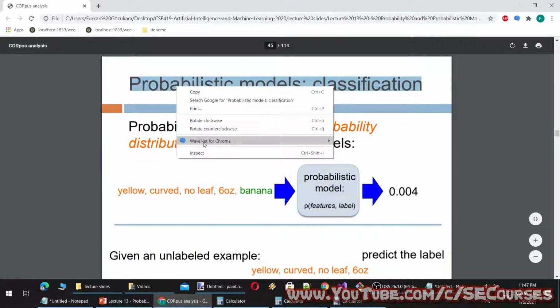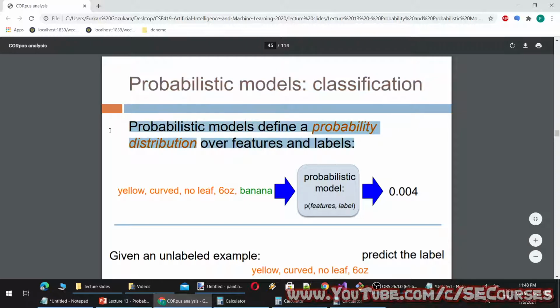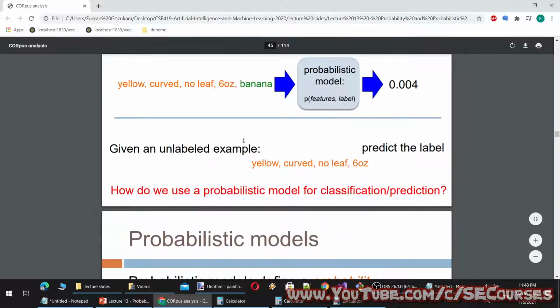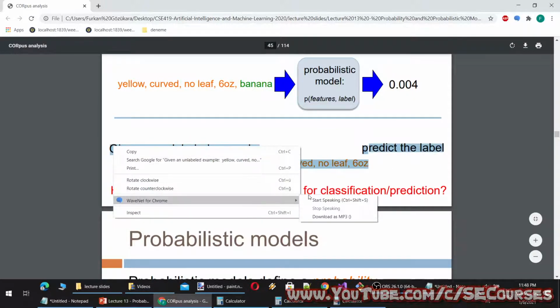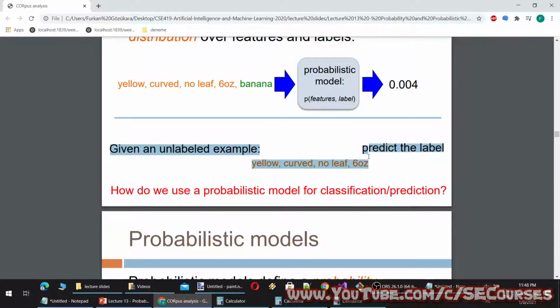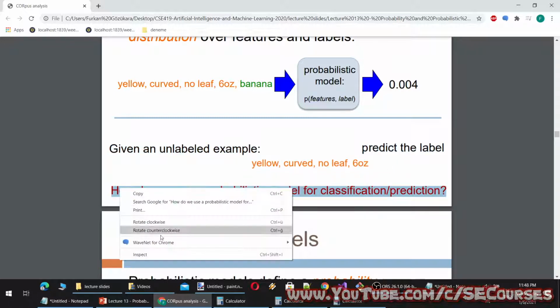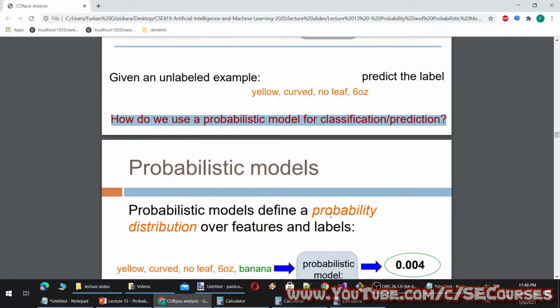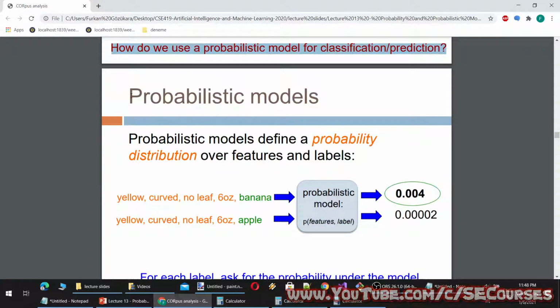Probabilistic models, classification. Probabilistic models define a probability distribution over features and labels. Given an unlabeled example, yellow, curved, no leaf, 6 ounces, predict the label. How do we use a probabilistic model for classification, prediction?